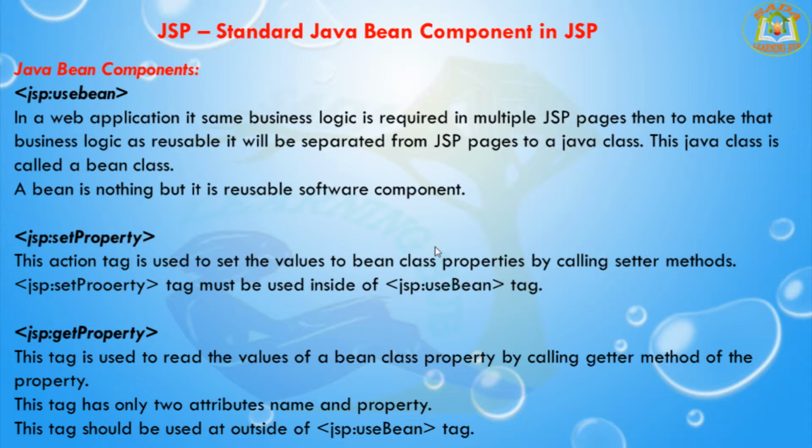Now I'm going to discuss the three standard action tags. Those are called useBean, setProperty, and getProperty. First, useBean. A useBean tag is used to create an object of a Java Bean class in a JSP page.